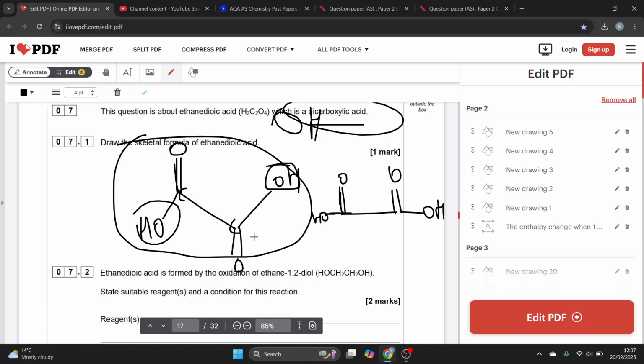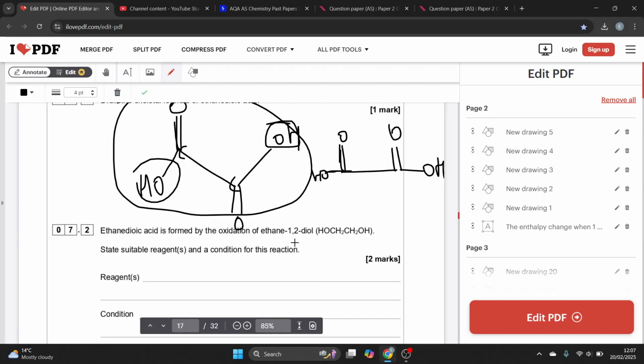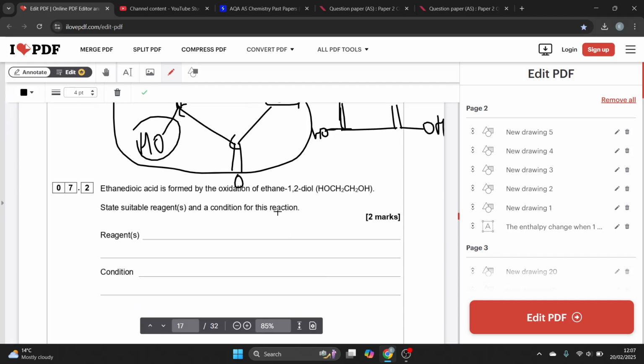7.2 Ethanedioic acid is formed by the oxidation of ethane-1,2-diol. State a suitable reagent and a condition for this reaction. So it's formed by the oxidation, a dicarboxylic acid formed by the oxidation of a diol.